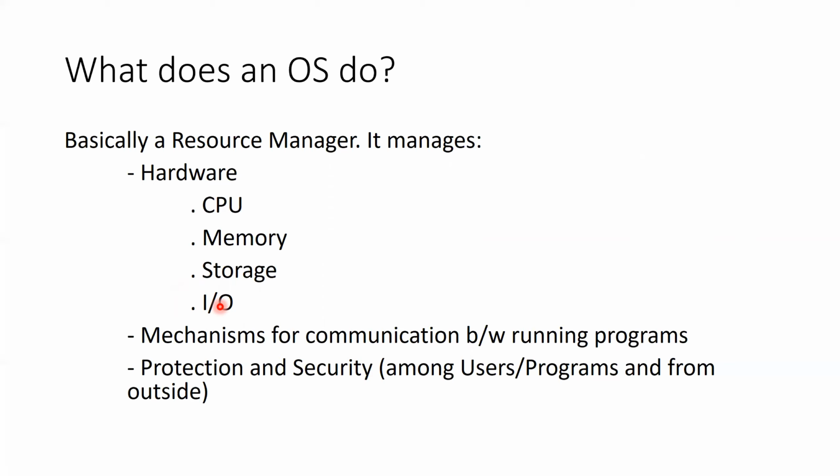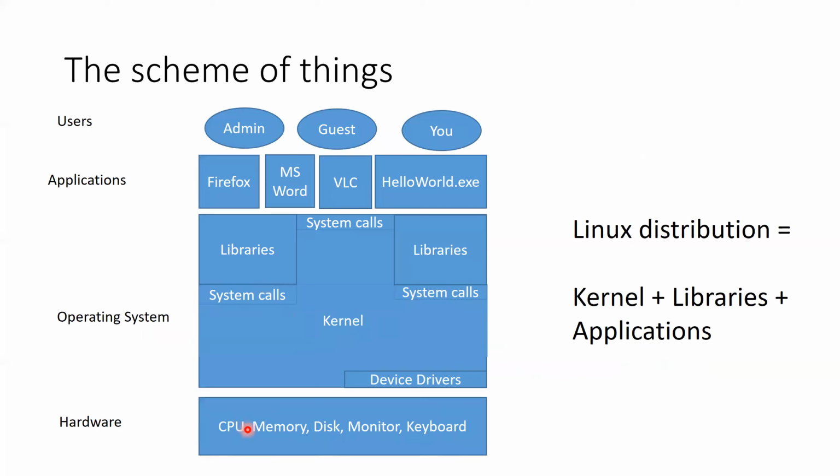And the output devices include the monitor, the printer, the speakers of your system, etc. Anything that the system uses to convey some information to you. So all this hardware is managed by the operating system. As we saw in our previous slide, the operating system sits on top of all this hardware.